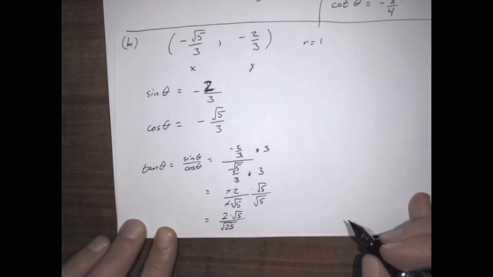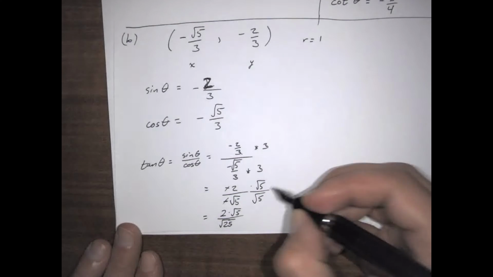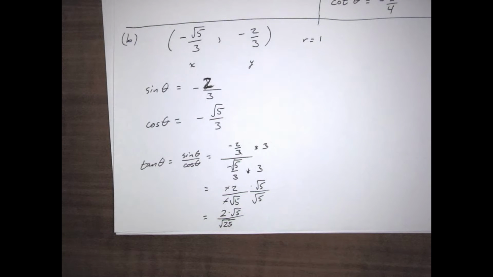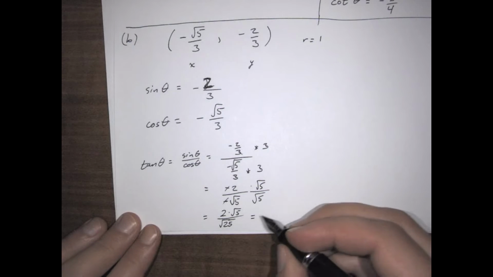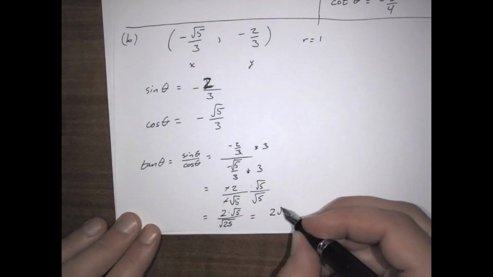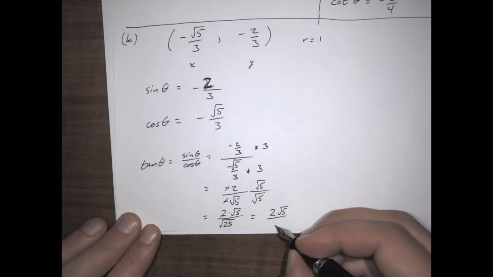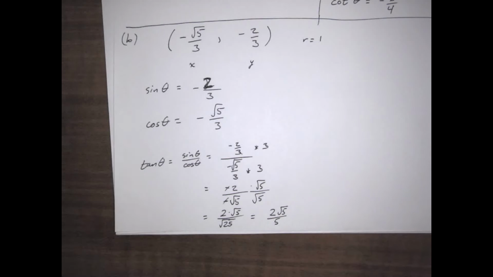Now that is the point of multiplying by what we multiplied by right here. You produce something in the denominator that is a perfect square, so then it will simplify nicely. So we have 2 root 5. Downstairs we'll just have 5. And this is about the best way we can write this without getting anything wrong.